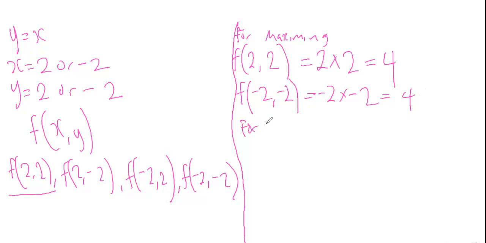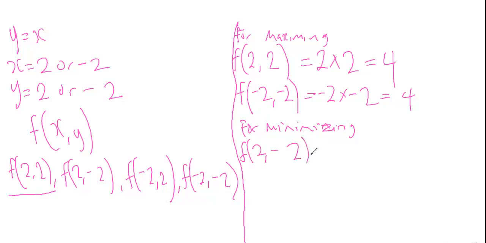And then for minimizing, we have f of 2 and minus 2.